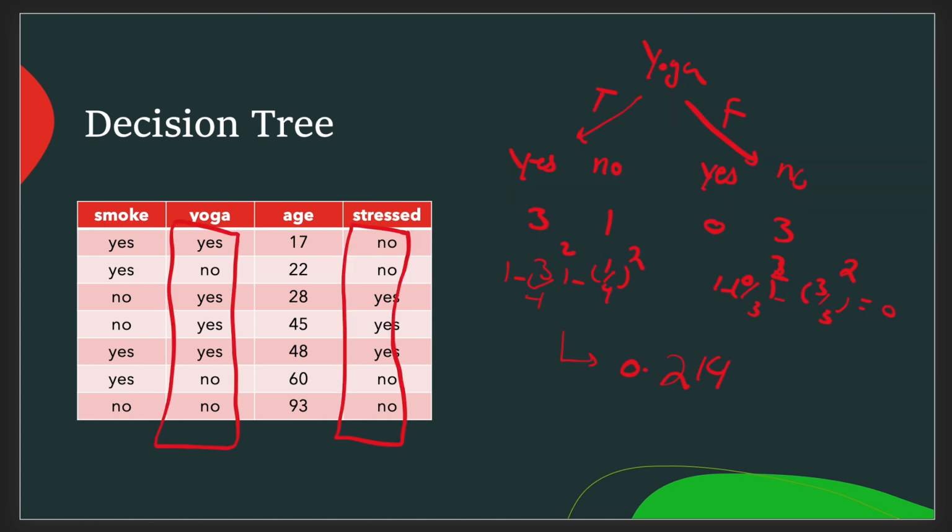I'm just going to put it up here so I won't forget. 0.405. For the second feature it is 0.214. And now I want to calculate the third one and see which is the better one.